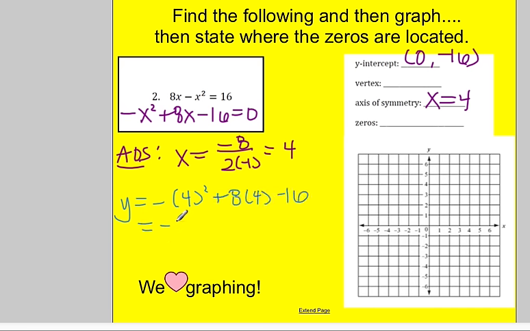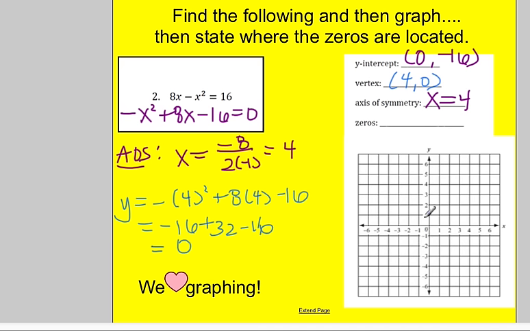So -4 squared is 16. 8 times 4 is 32 minus 16. So -16 plus 32 minus 16, that's going to give me 0. So my vertex is the ordered pair 4, 0.